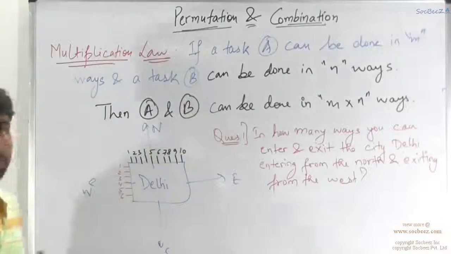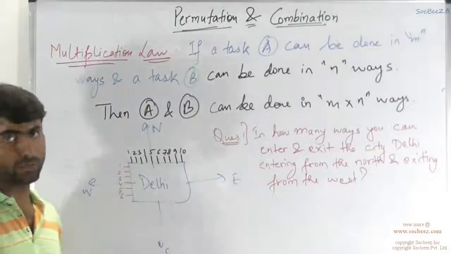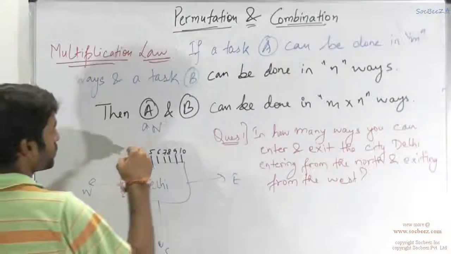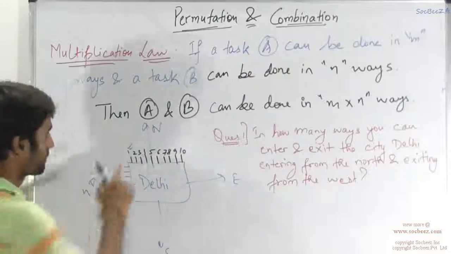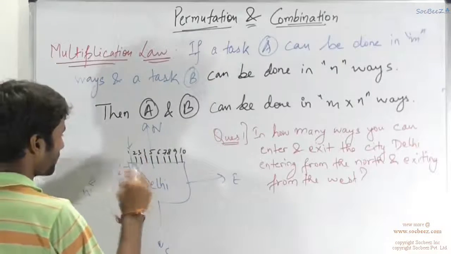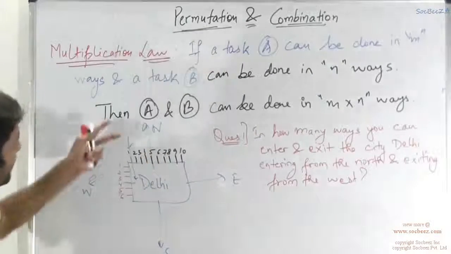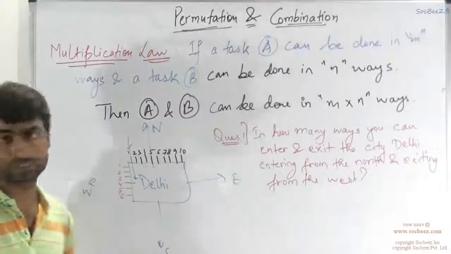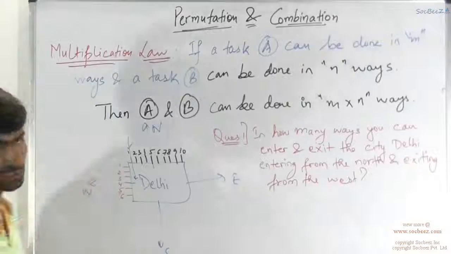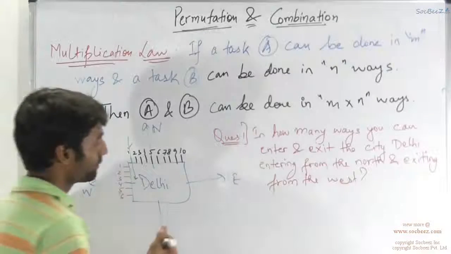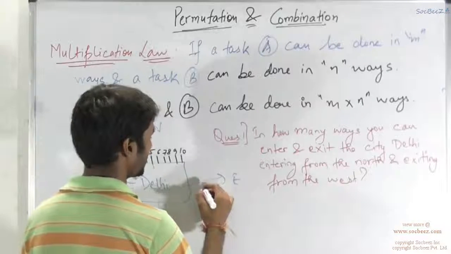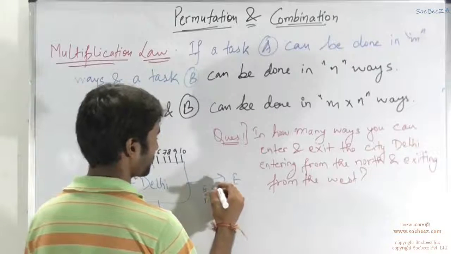So let us suppose we enumerate it. We don't have any procedure to do it. How would you do it? Let us suppose we came from gate number 1. So we entered from gate number 1. Once we have entered Delhi, we know we have to exit from the west direction. So the west direction has 6 possibilities. If you started enumerating, you would say I would enter from 1, this is the entering point, this is the exit point.